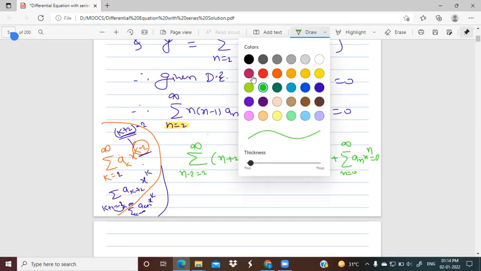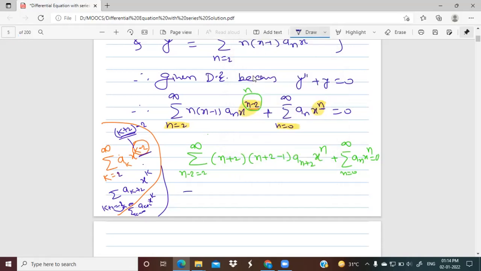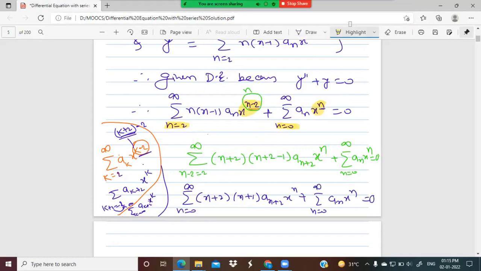Therefore, this equation becomes summation n equal to 0, n plus 2 into n plus 1 into a n plus 2, plus a n, into x raised to power n, equal to 0 to infinity. Now see here, this sum started from 0.